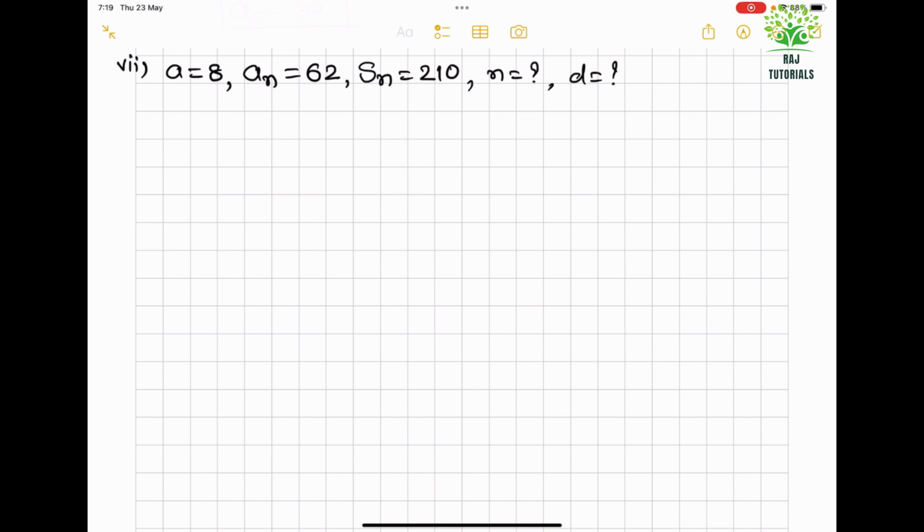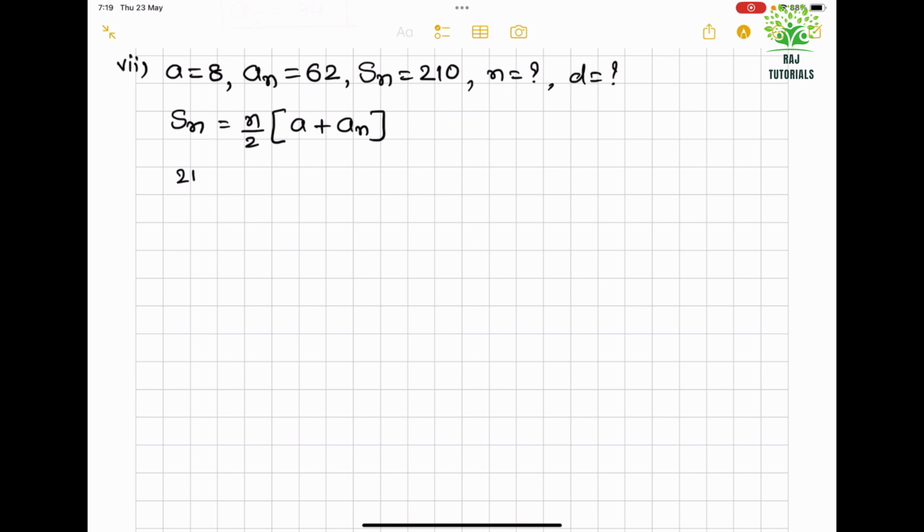Here we are given a equal to 8, an equal to 62 and Sn equal to 210. N and d I have to find. So Sn, I can use the formula n by 2 into a plus an, that is last term.